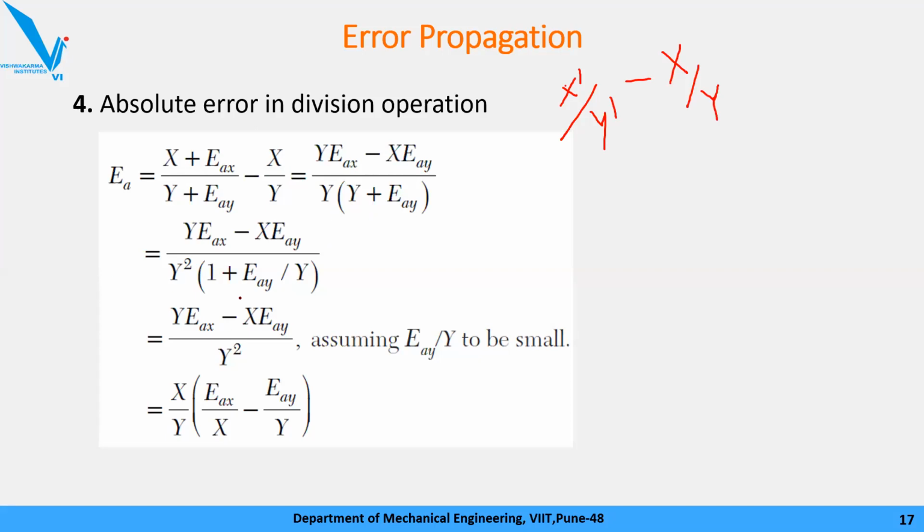From the denominator we will take out y square common, we get to this value. Now in this value the second term is relative error in the y, and almost division of that becomes too small, considerably small, so we neglect it. We tend to write 0 in place. So we got this equation, y into error in the x into error in the y.